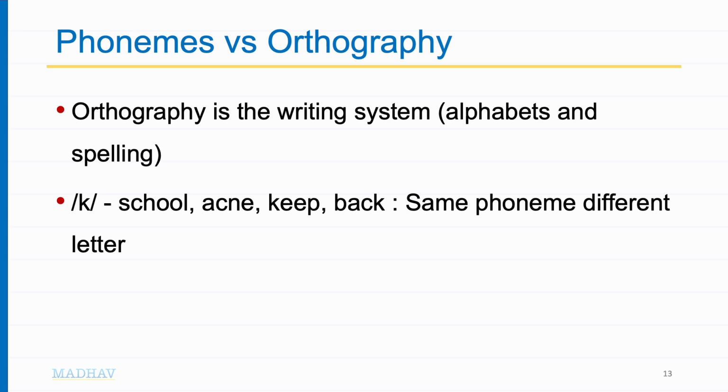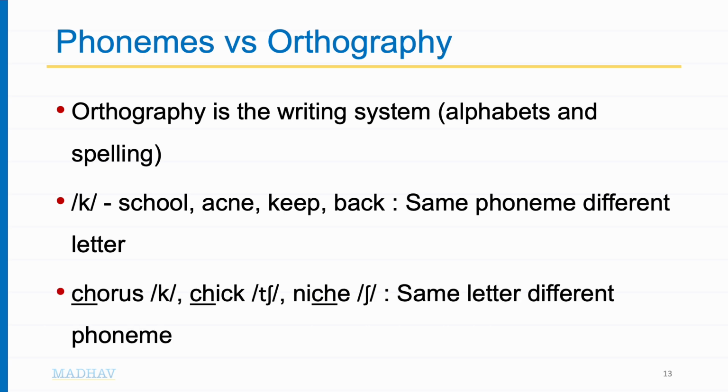And it could be the other way also. The same letter can represent different phonemes. Examples are chorus, chick, niche. Same ch, but different sounds everywhere. In chorus it is ka, in chick it is ch, in niche it is sh. Different phonemes, but represented by the same letter, ck or ch.